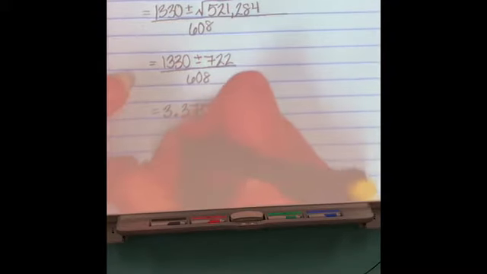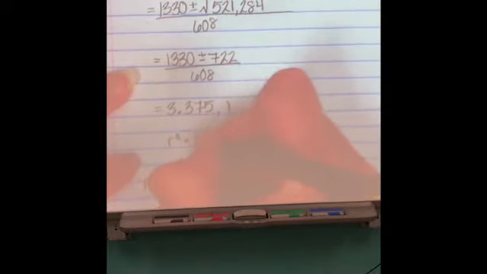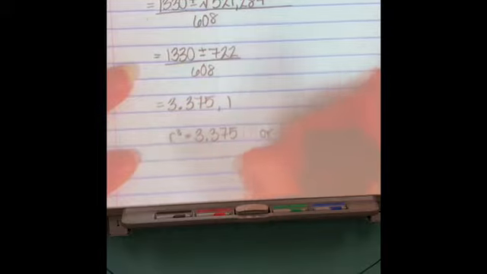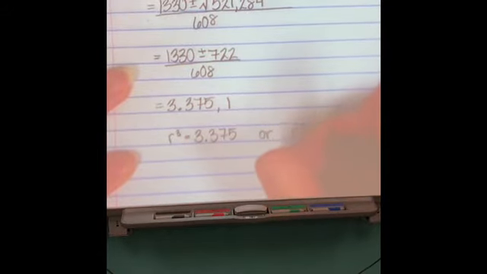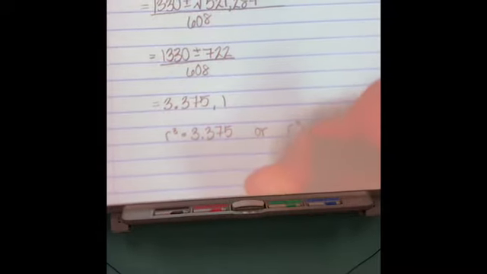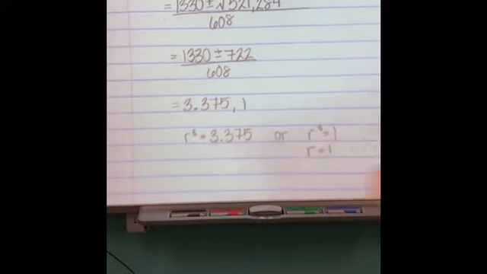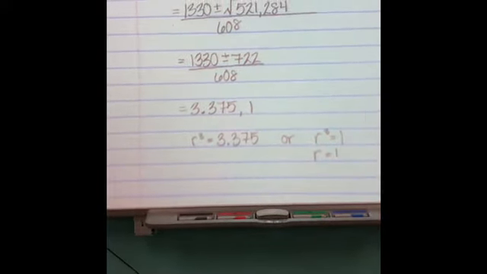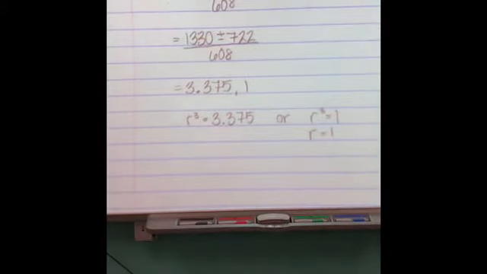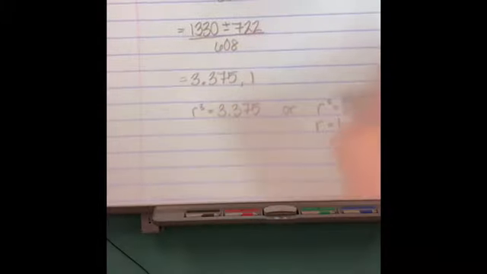So really what we found here is that r cubed equals 3.375, or r cubed can equal 1. So if r cubed equals 1, that means that r has to equal 1. And we don't want to use that, because when r equals 1, we end up with the most boring sequence we could ever have. So we're just going to get rid of that.